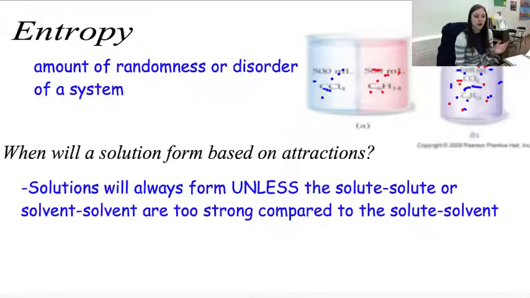So let's talk about that increasing in randomness here. And that is what we call entropy. That is the amount of randomness or disorder of a system. So like I said here, I have the CCl4 and the C6H14 initially apart. I open up that barrier in the middle and now they are all spread. That is entropy, or that things want to be more disordered. Okay, will a solution form based on attractions?